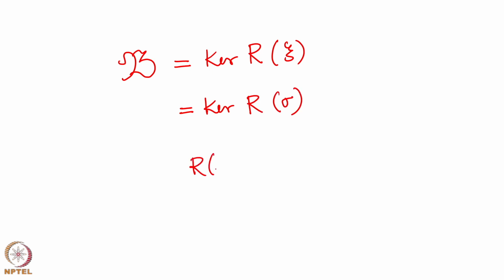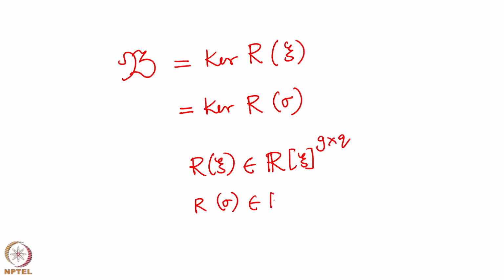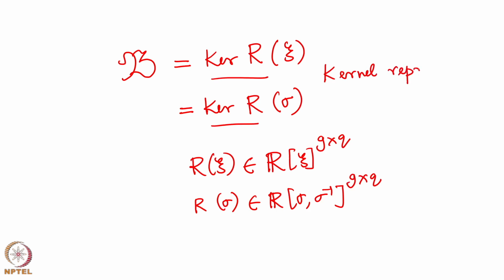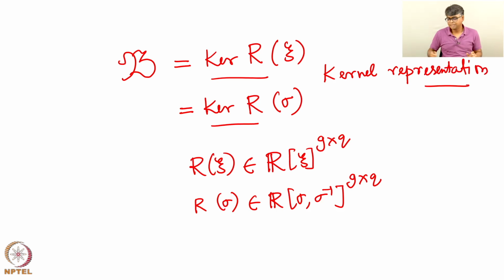R(ξ) for the continuous case is a polynomial matrix of size G cross Q. R(sigma) on the other hand is a matrix with Laurent polynomial entries of size G cross Q. That is the kernel representation. This is called a kernel representation of the behavior. So that is how we represent behaviors with differential or difference equations, linear with constant coefficients.